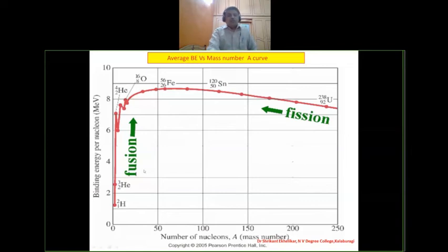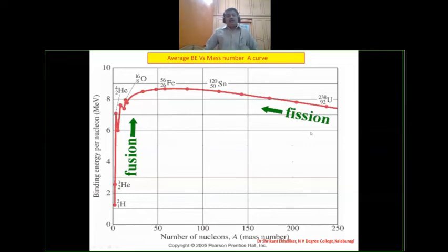So we will come to the point. This is written as fusion and fission because we know what fusion is. Light nuclei fuse to form a heavier nucleus and release energy. So lighter nuclei of hydrogen, helium, lithium, beryllium undergo fusion in this range and produce energy, whereas heavy nuclei above 200 mass number, when they are split, release a huge amount of energy.